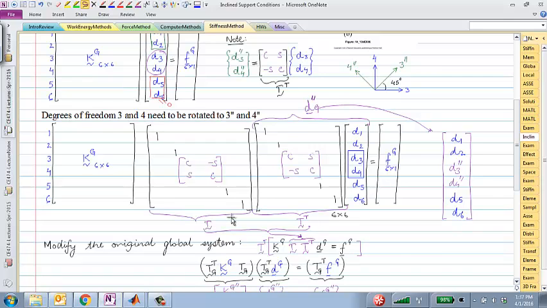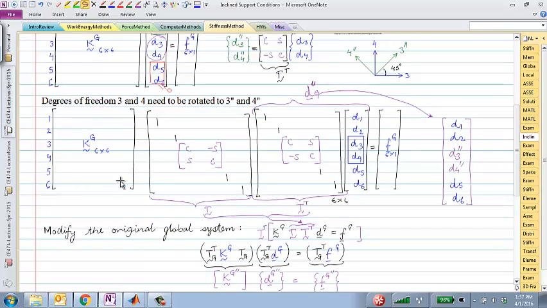And we know that these are orthogonal, so the product of these two matrices would be identity, which means that K times identity times degrees of freedom would be simply equal to K times degrees of freedom is equal to F, meaning that I have not changed the system of equations for equilibrium.